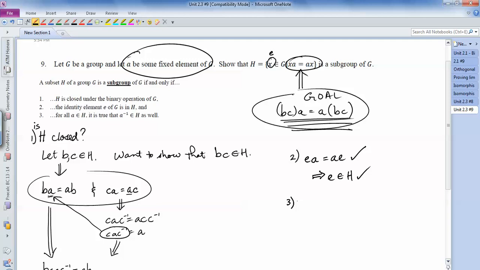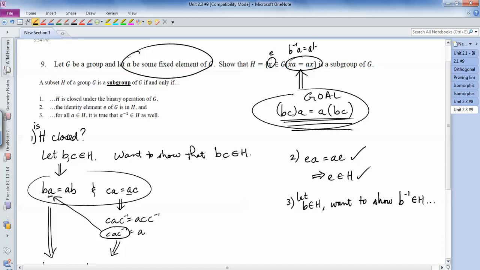Then the third one is if A is in H, then is A inverse in H. So we're going to let A be in H. Oh, sorry, probably shouldn't choose A. Let's choose B. So we're going to let B be in H, and want to show B inverse has to be in H. Well, the only way B inverse is in H is if B inverse A equals A B inverse.